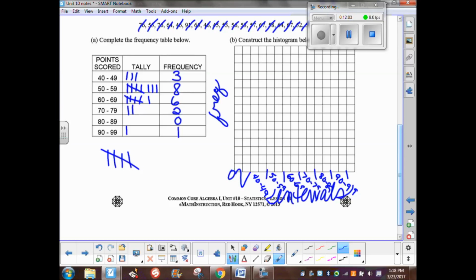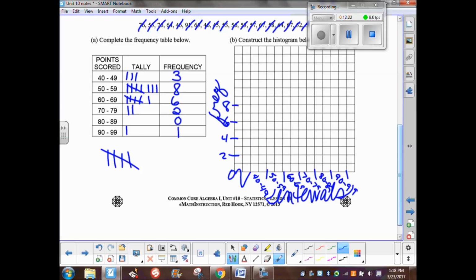And then my highest frequency is 8, so we probably could go every 2 boxes to 8. You probably could have even stretched it out a little bit more, to take up as much of the graph as you want.